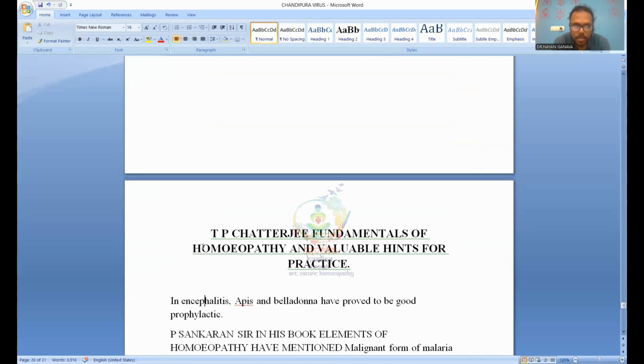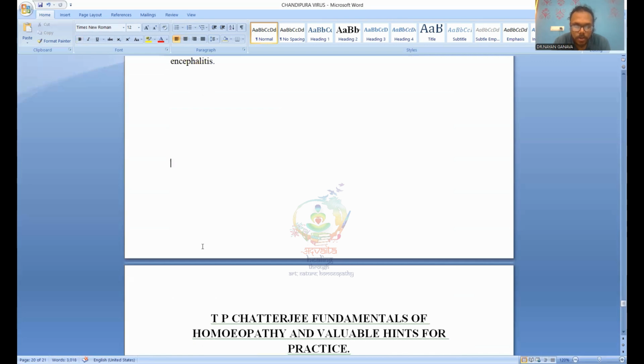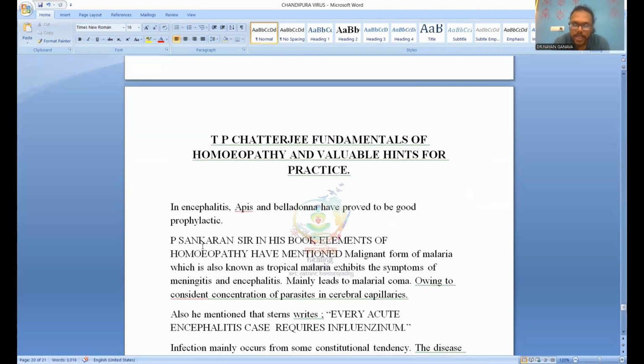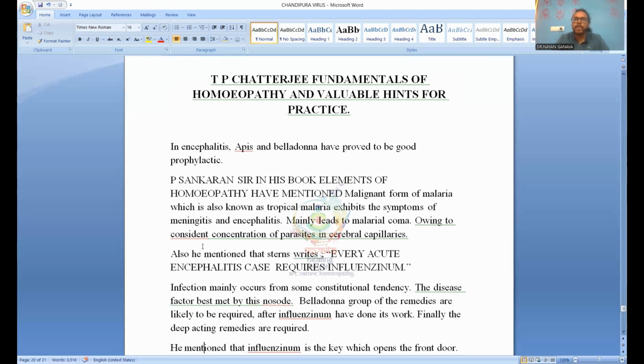But now let's go through some valuable hints for practice, which I have taken from T.P. Chatterjee, Fundamentals of Homeopathic Materia Medica. In encephalitis, Apis and belladonna have proved to be good prophylactics.